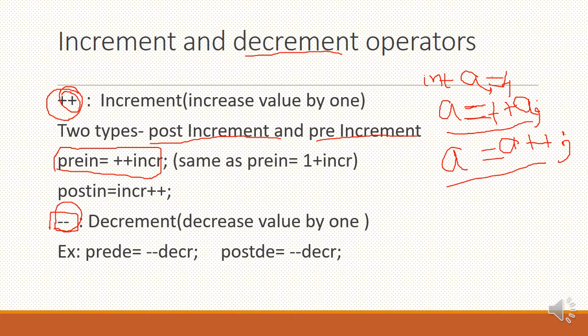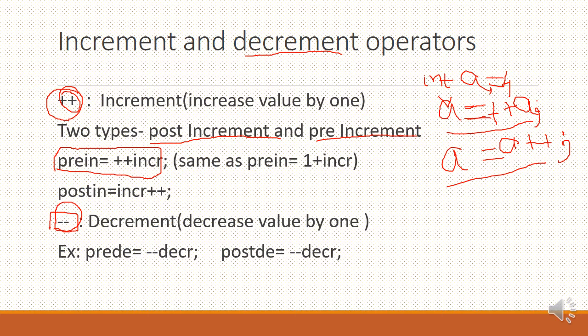Here we have ++4, so the value is increased by 1. Increment increases the value by 1, whatever the value may be. Here I have taken 4, so the value becomes 5 and this is assigned to a. Next, the same thing: here a++ is there.